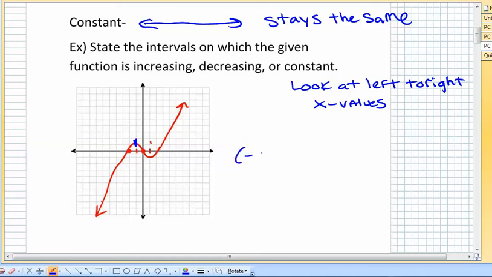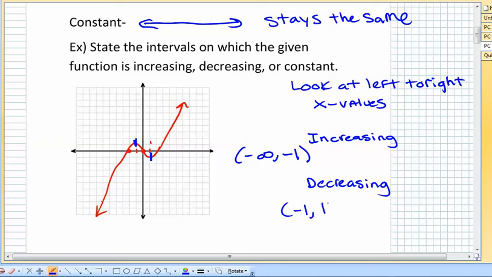So from negative infinity to where x is -1, it increases. Then it decreases from -1 to +1. And then from +1 to infinity, it increases again.